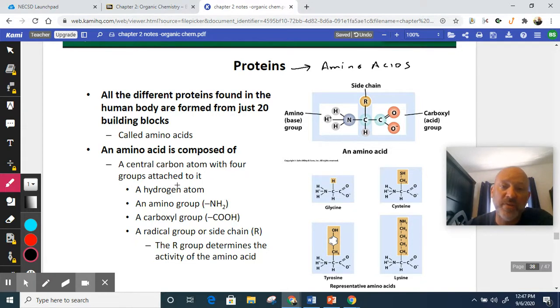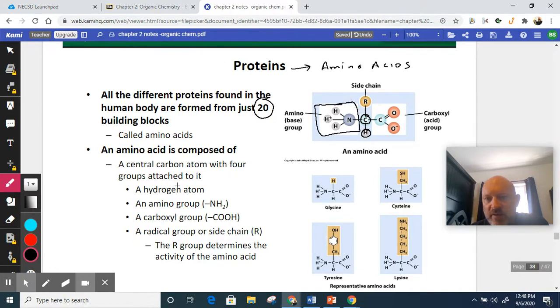And there's 20 different amino acids that are available in your bodies, right? And how are they all different from each other? Well, how they're all the same is that they have this central carbon with a hydrogen, with a nitrogen, creating an amino group. They all have that.